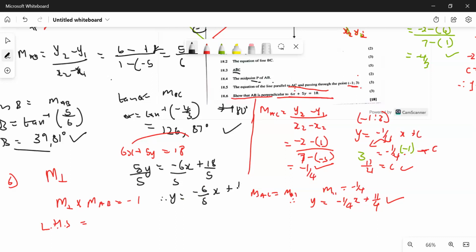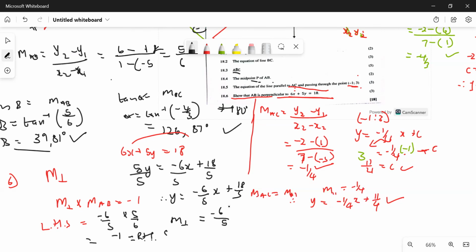Okay, what is M then? What is M of perpendicular? Minus 6 over 5. So we'll put here minus 6 all over 5. And then we already calculated M of AB, if you remember. What is M of AB? It is going to be 5 all over 6. If you multiply this one and this one, it gives you minus 1, which is equal to the right-hand side.